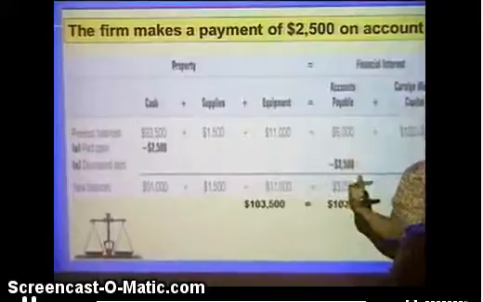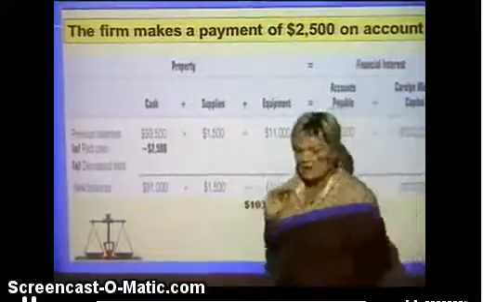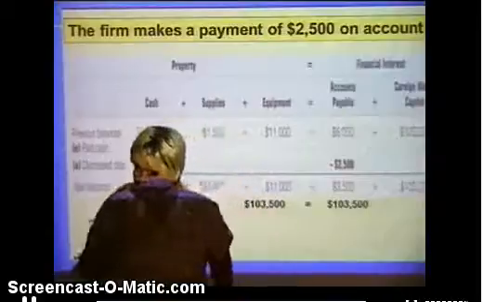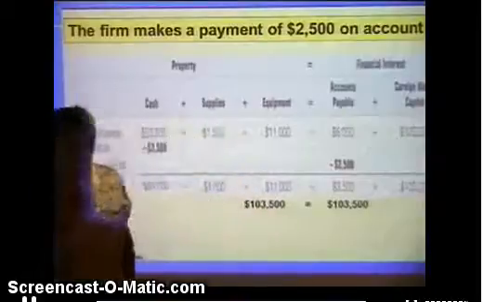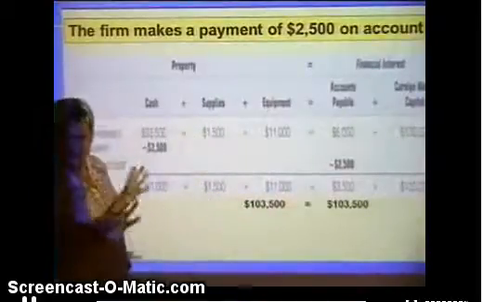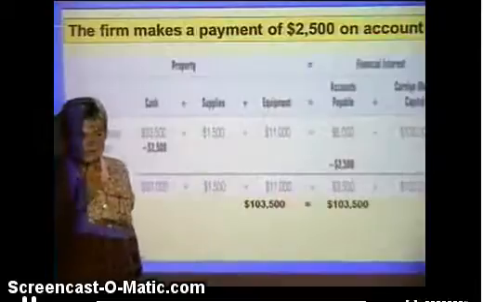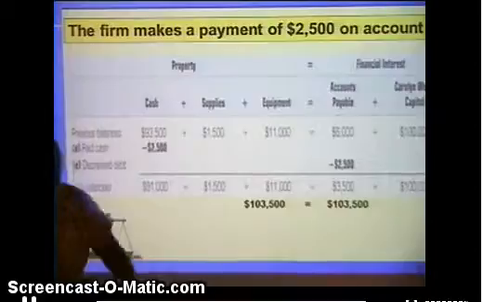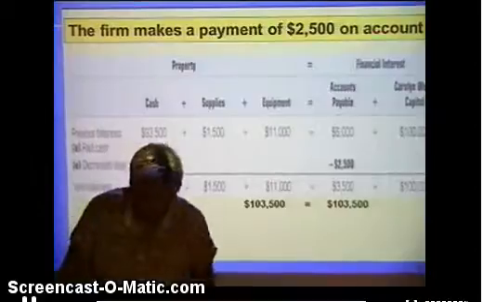Because the equation is the foundation for all of our accounting from now on, in all your accounting classes. Is everybody following it so far? We're going to do some exercises where you can practice.